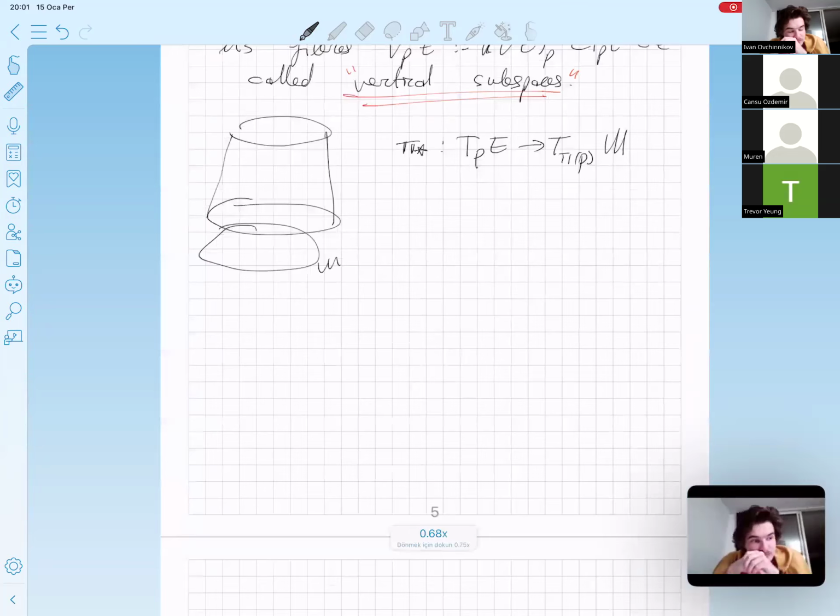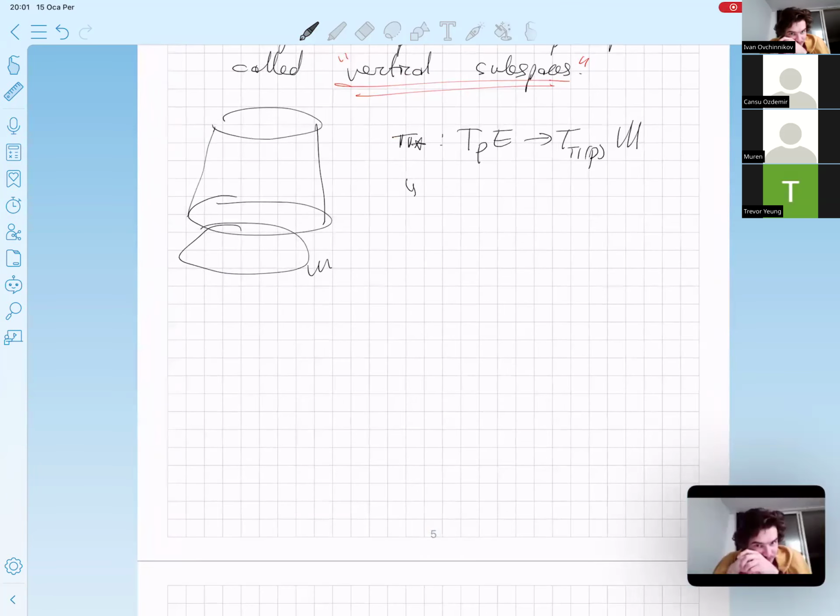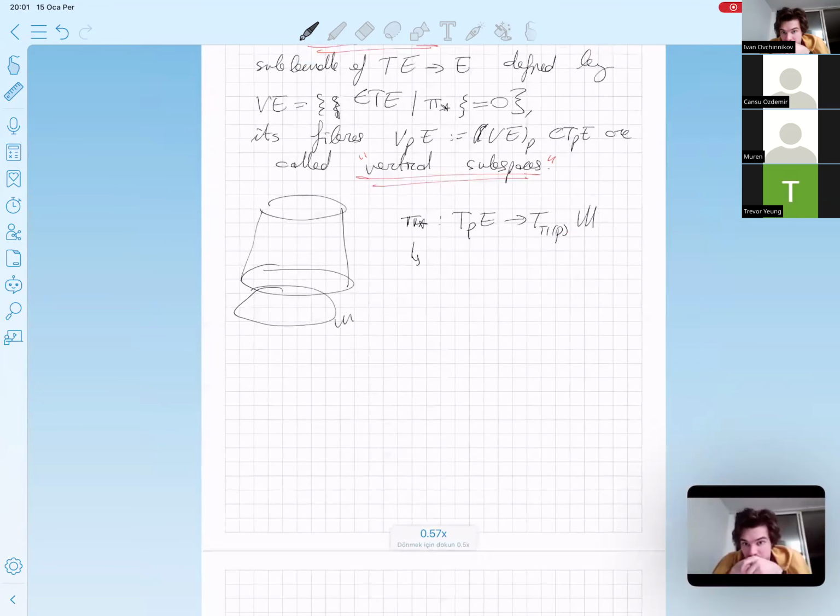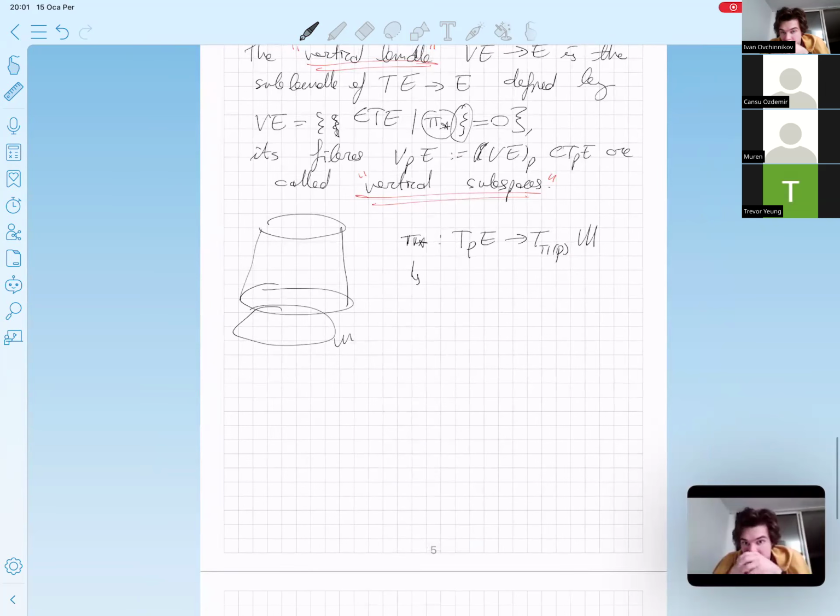So what do we mean by saying that we're looking at elements such that under this pi star, their image is 0? So this means that if we project xi with pi star, then they don't have an image on M.